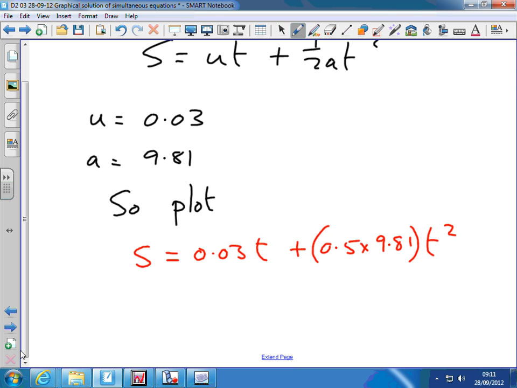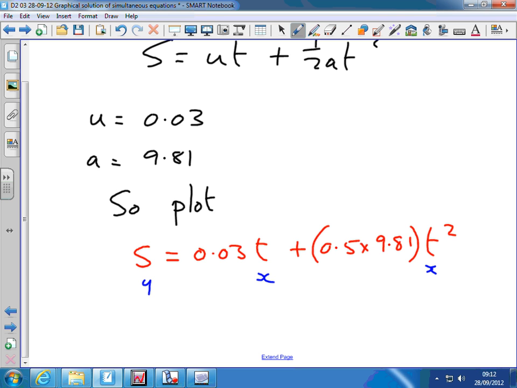For Autograph, there's two things we need to do now. One is to work out what 0.5 times 9.81 is, and then the other thing is to assign y and x to s and t so we can plot them. Remember, t is the independent variable, so that's going to go on the x-axis, so t is going to be replaced with x. Y is going to be the displacement on the y-axis, the one we plotted in other words.